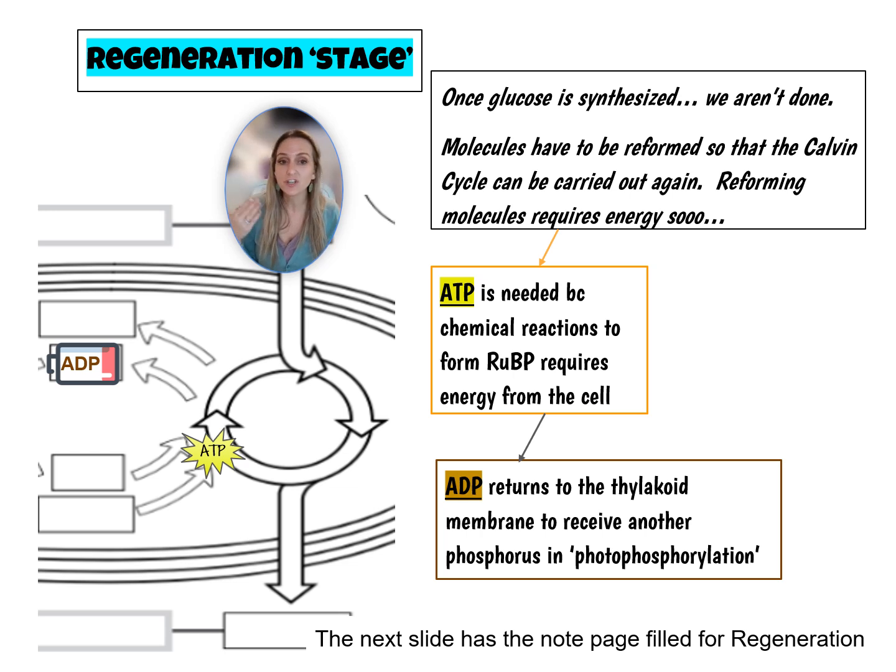And by recharging, it's going to go to the thylakoid membrane and get that third phosphate put back on. And that's in that big process we added to our repertoire last week of photophosphorylation. So using energy from the sun to cause another phosphate to be put on this molecule.